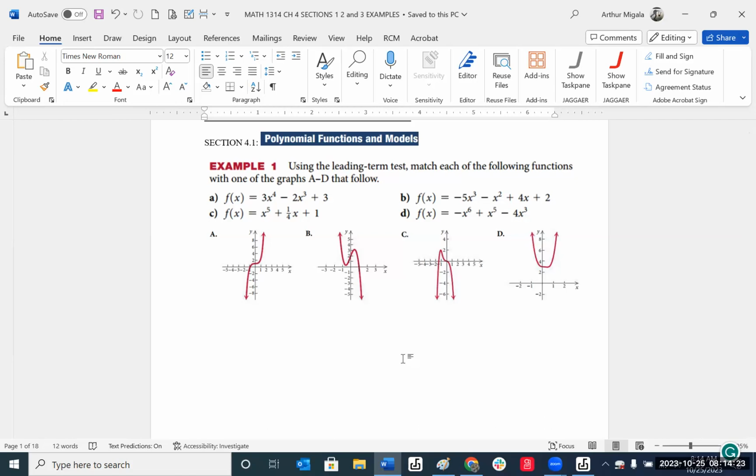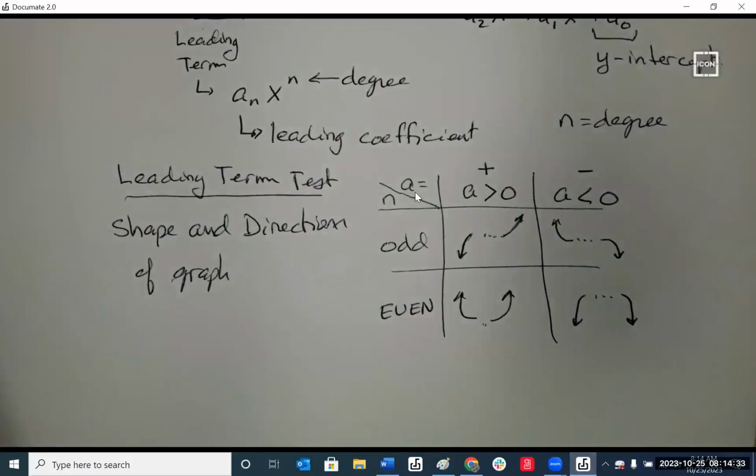So the only thing we should do is look at the largest exponent and the coefficient. If the exponent is even, both ends point the same direction. If it's odd, they point different directions.